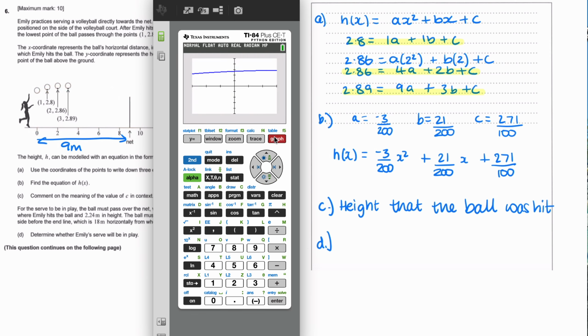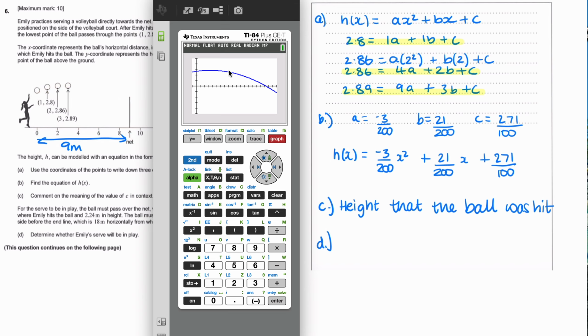So we can graph this function, and I'm going to change this to be -1 because we're only really interested in 0, and we know that it's got to go to at least 18. So I'm going to say 20 for now. And let's see what this graph looks like. There we go. So we can see this is where they hit the ball. It goes over.